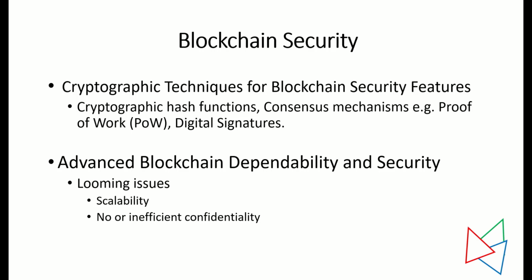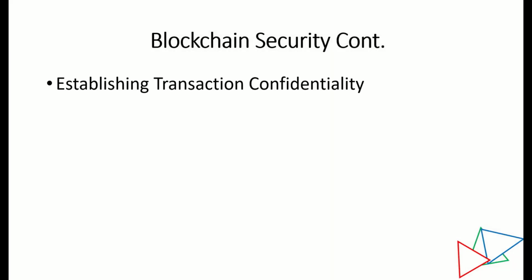So these are the two areas that this paper has narrowed down to, and we've done a bit of research about this, and that's what we've found. Scalability is in shortfall, and inefficient confidentiality systems are in place at this point in time.